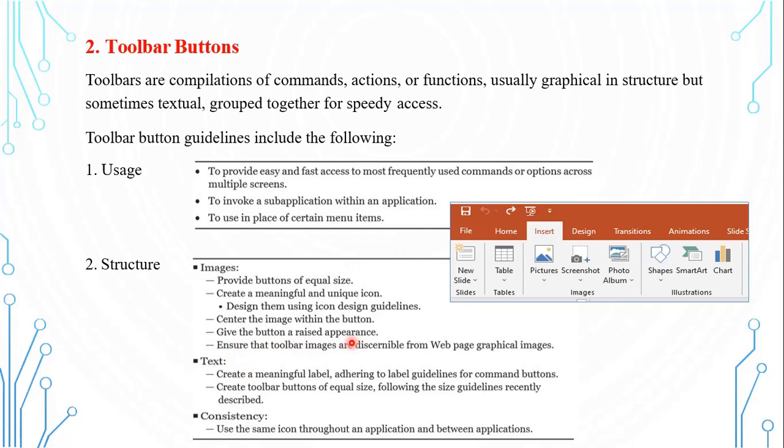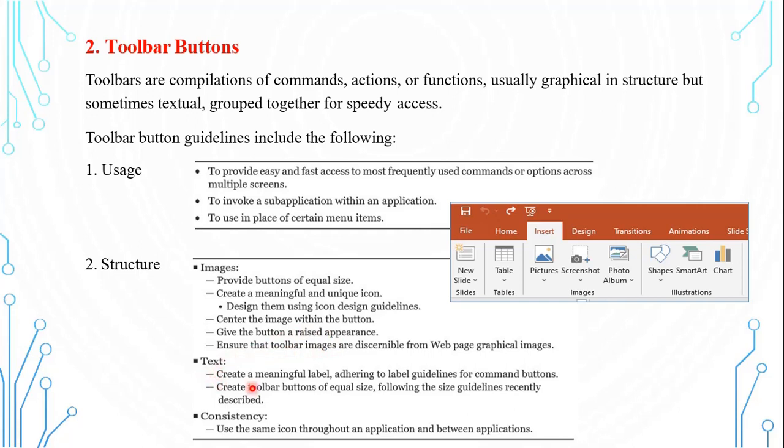Give the button a raised appearance, so visually it can be noticed by the user. That's why we provide a raised appearance. Ensure that toolbar images are discernible from web page graphical images, so there should be a difference between these toolbar images and other graphics.